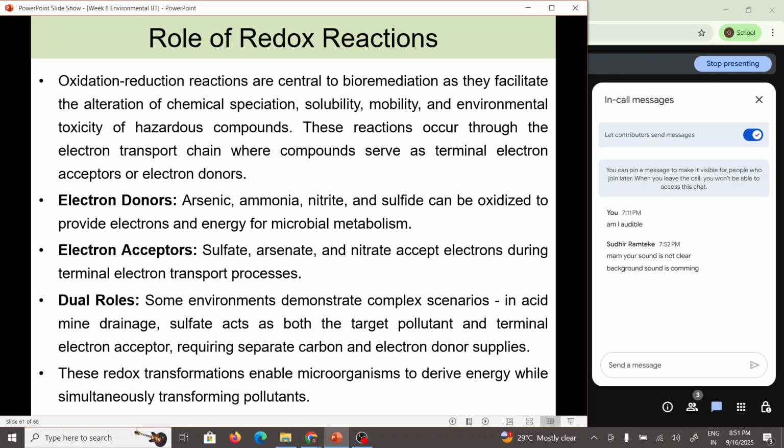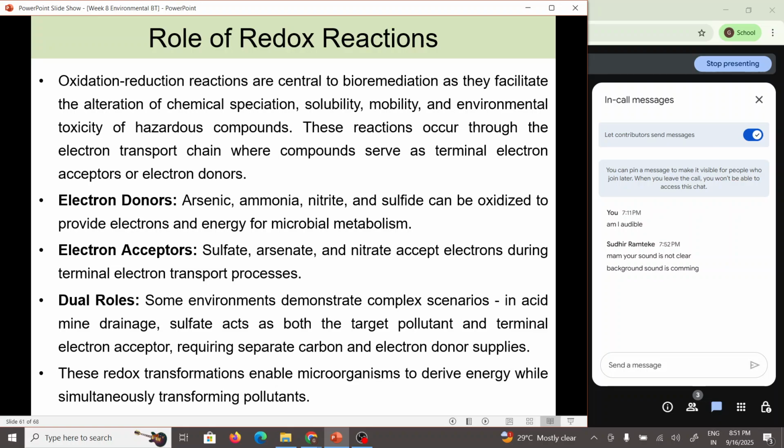These reactions occur through the electron transport chain, where the compounds serve as terminal electron acceptors or donors. Some examples of electron donors are arsenic, ammonia, nitrite and sulfide. These donors can be oxidized, and they provide electrons and energy for microbial metabolism. In the case of electron acceptors, we have sulfate, arsenate, and nitrate.